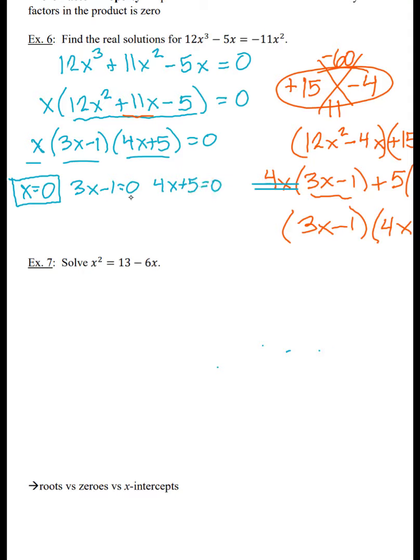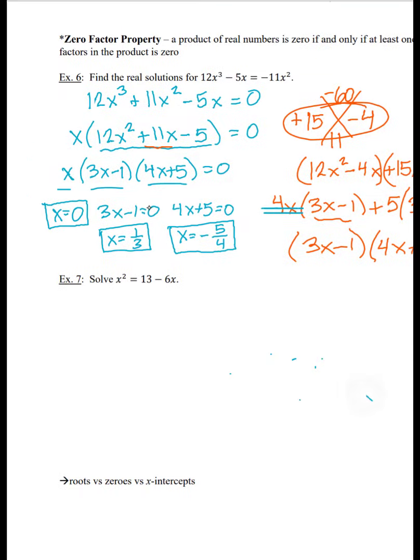If I solve that, add 1 over, divide by 3, we get positive 1/3 as a solution. And the other one, subtract 5, divide by 4, we'd get negative 5/4. All right, so there are our 3 real solutions for this cubic function.